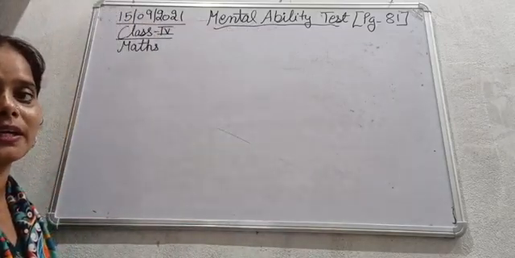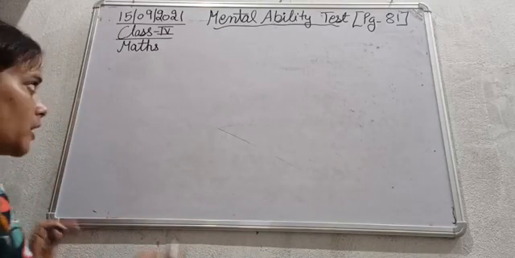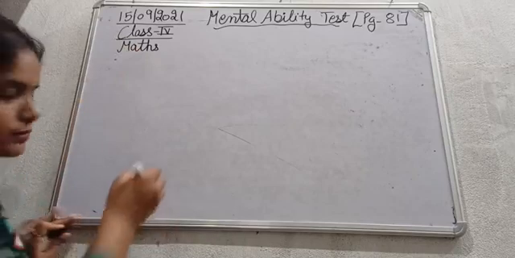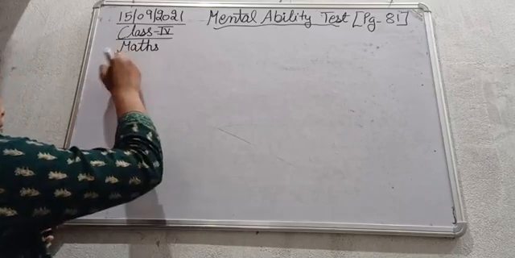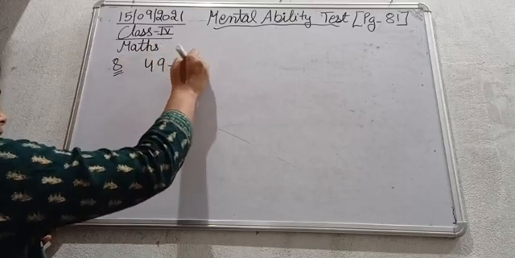How can we calculate it? Just by doing the division. Is 9 a factor of 49? Question number 8. For that we will divide 49 by 9.